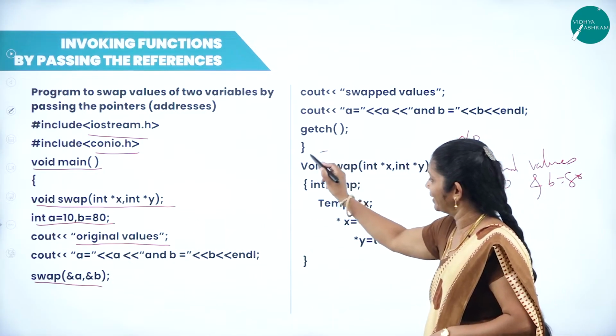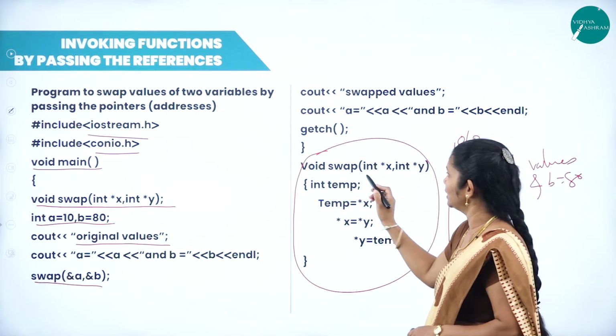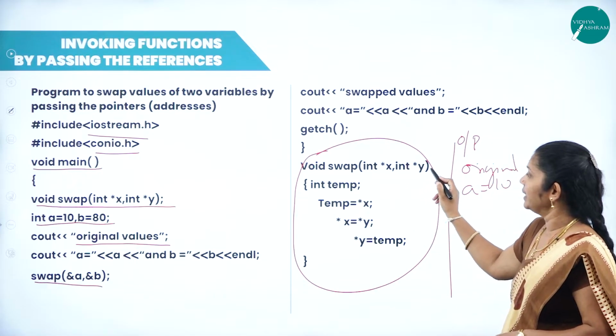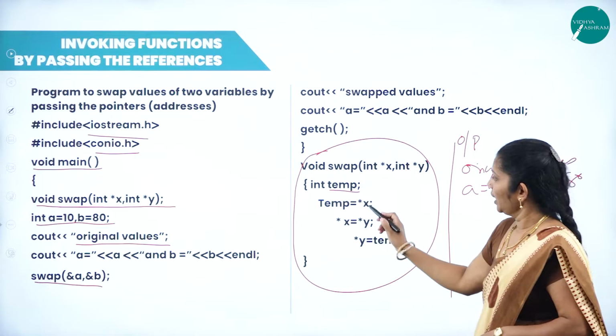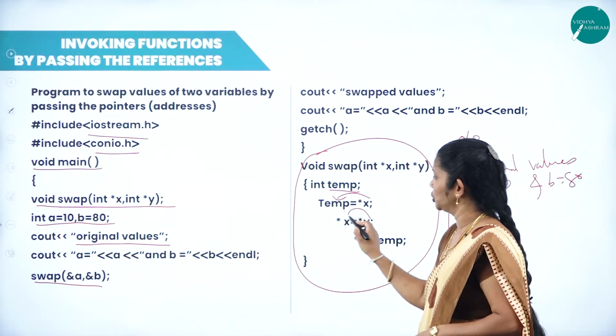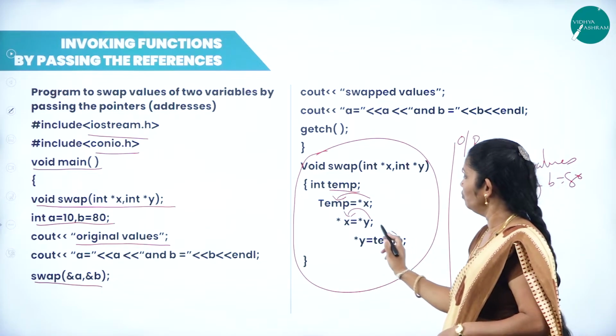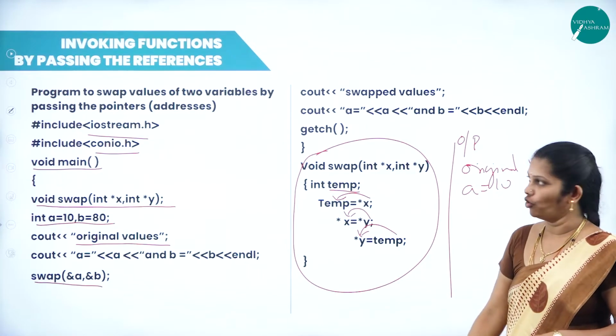The control transfers to the subprogram swap, void swap with int star x and int star y. Here we create the temporary variable temp. Then the value at the address of x is passed to temp, the value at y is passed to x, and then temp moves to y. Like this, the swapping is performed.